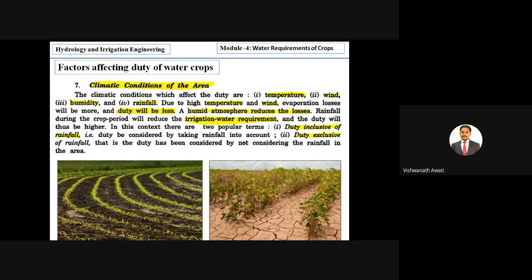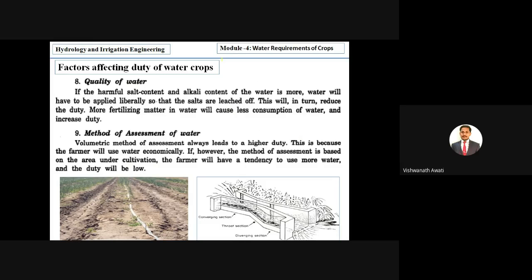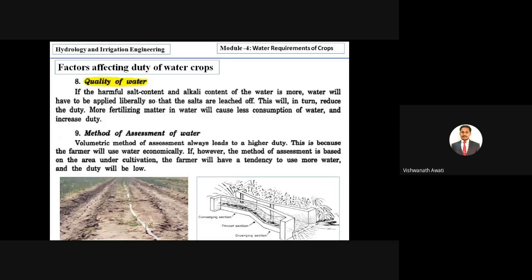Okay, we'll go to the next factor, which is quality of water. Just as we require good quality water for drinking, plants and soil also require good quality water for good growth of the crop. If the harmful salt content and alkaline content of the water is more, the water has to be applied liberally so that the salts are leached off. This in turn reduces the duty.